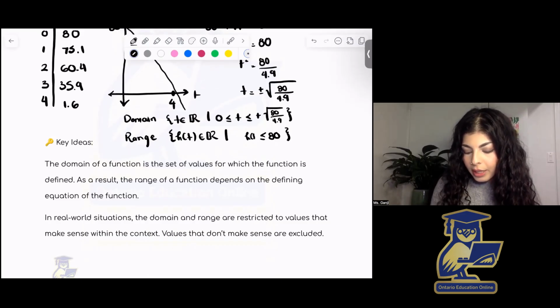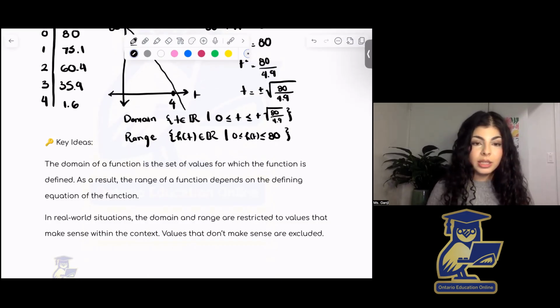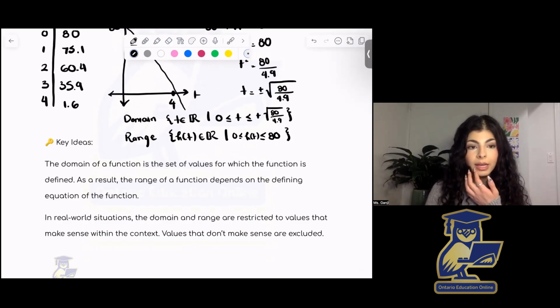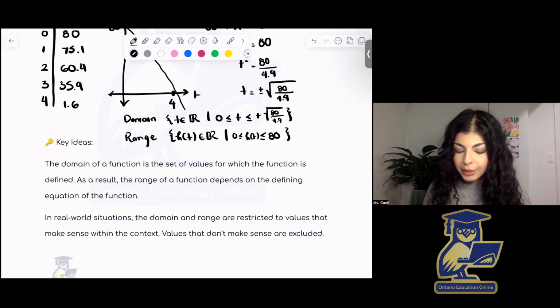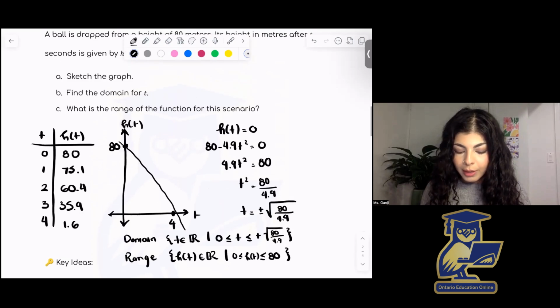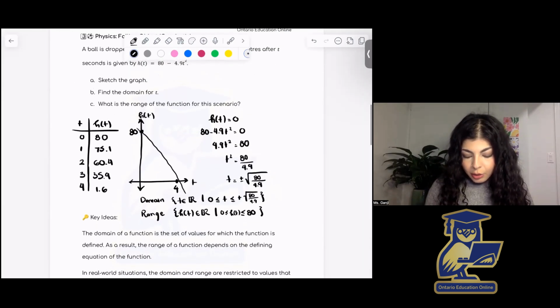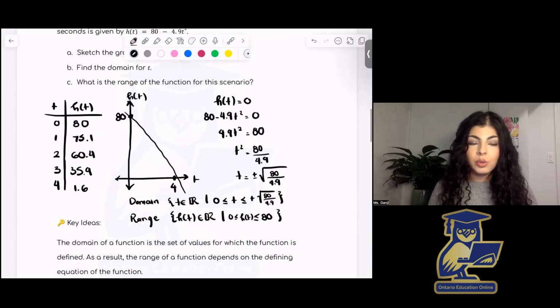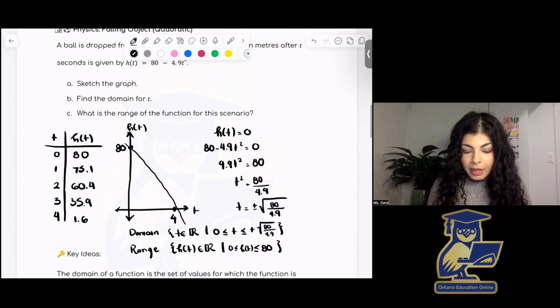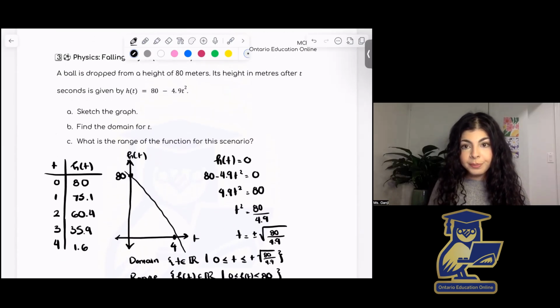And we care about when it falls to the ground, which is height 0. So here our range was a little bit easier, and we had to do a little bit more work for the domain. And your interpretation, again, is connected to the height and the time in which the ball is in the air. And that will be your solution for that question.